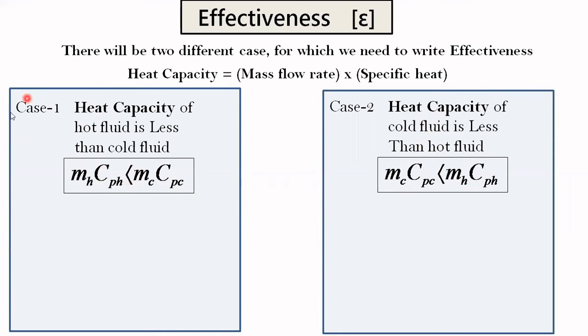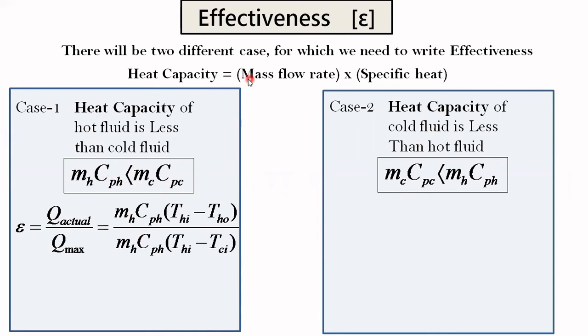Now first, let's take this case. Here effectiveness by definition is Q actual upon Q max. So Qmax we can write down easily. Here the hot fluid's capacity is less, so we can write C minimum as the hot fluid's. So mh Cph is our m Cp minimum. So mh Cph into Thi minus Tci, this is a fixed term. And here we have to write down the m Cp delta T for the hot fluid.